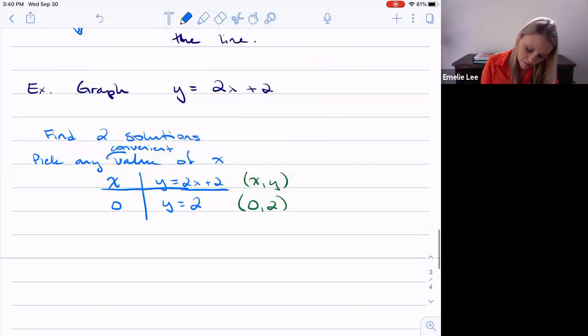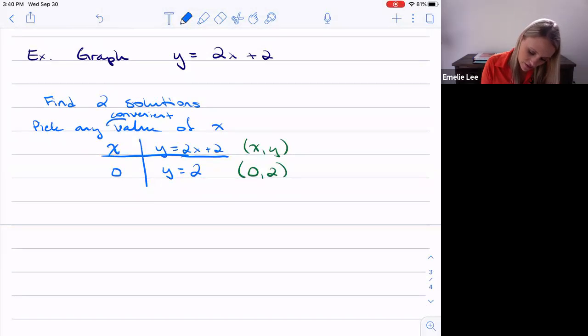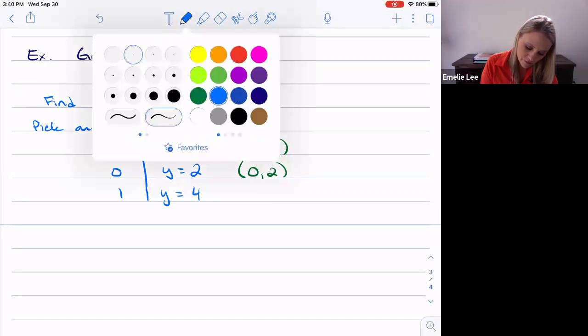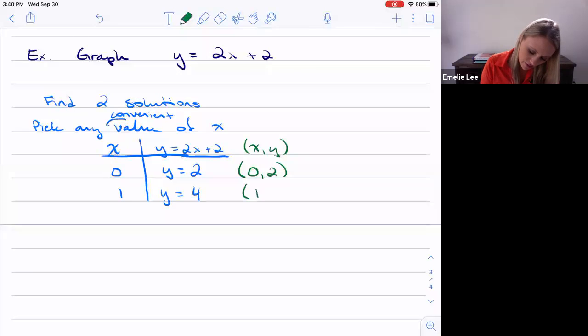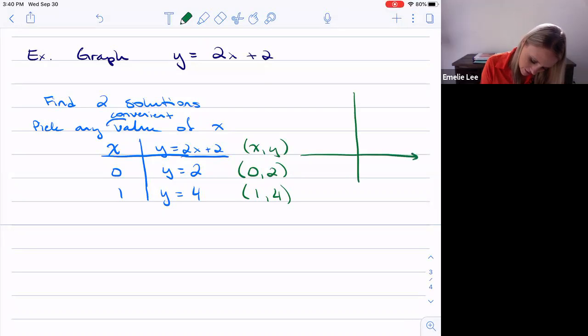For my second point, let's be lazy. How about x is 1? X is 1, y is 2 times 1, which is 2 plus 2, which is 4. Making the second point here 1, 4. So what I'm going to do is make this amateur style graph.